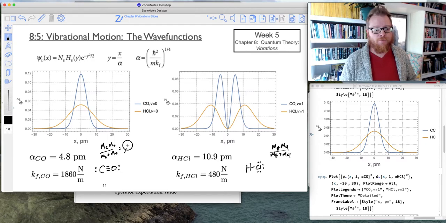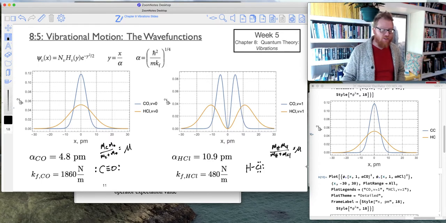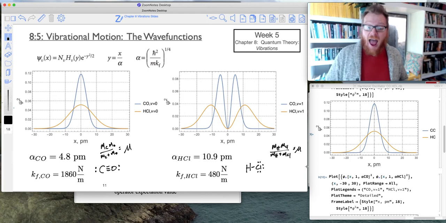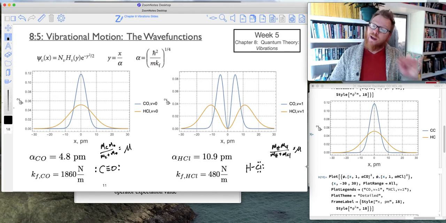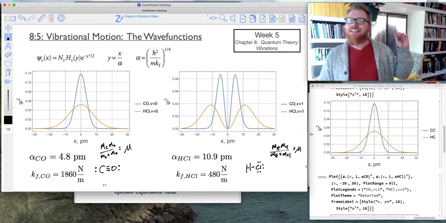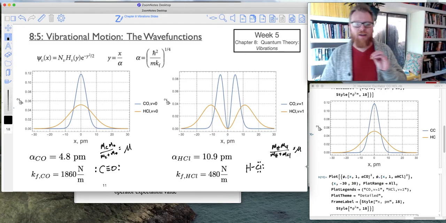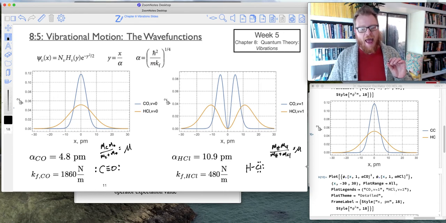We have to remember when we do reduced mass calculations, we're not using the average periodic table mass. We have to specify which isotope, because DCl, a deuterium chloride, will have a very different reduced mass than an HCl.